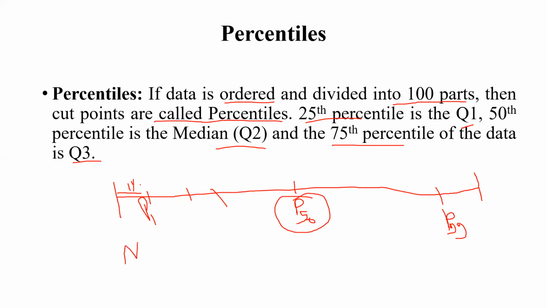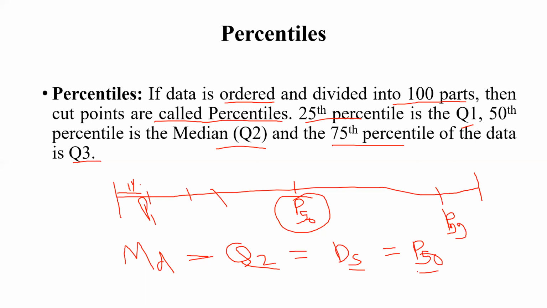As we know, the median divides the whole data set into two equal parts, Q2, the second quartile, divides it into two equal parts, D5 divides it into two equal parts, and P50 divides it into two equal parts. So this is the relationship between median, quartile, decile, and percentile we need to understand. So this is about percentiles.